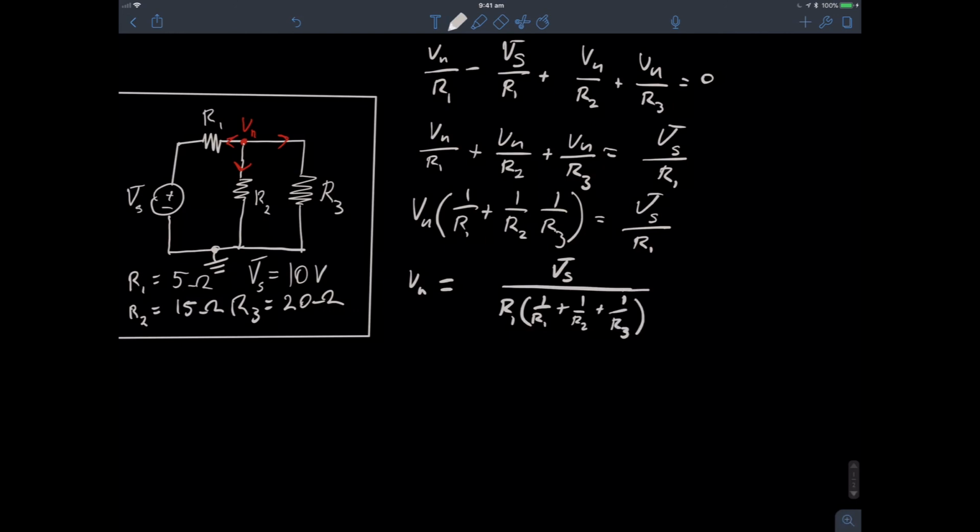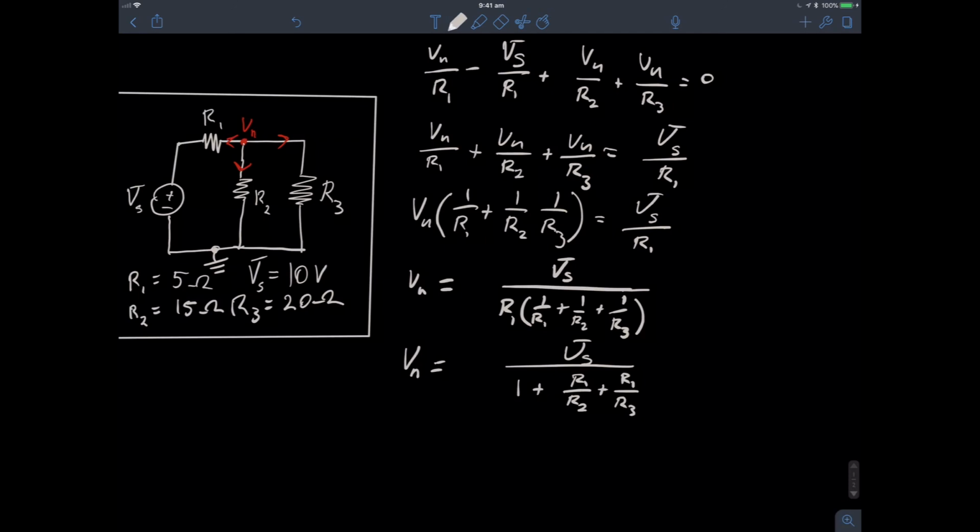And then I'm probably just going to distribute it out to make it look prettier. R1 over R1 is 1, then it's R1 on R2 plus R1 on R3. So that's probably the best way to express our voltage.